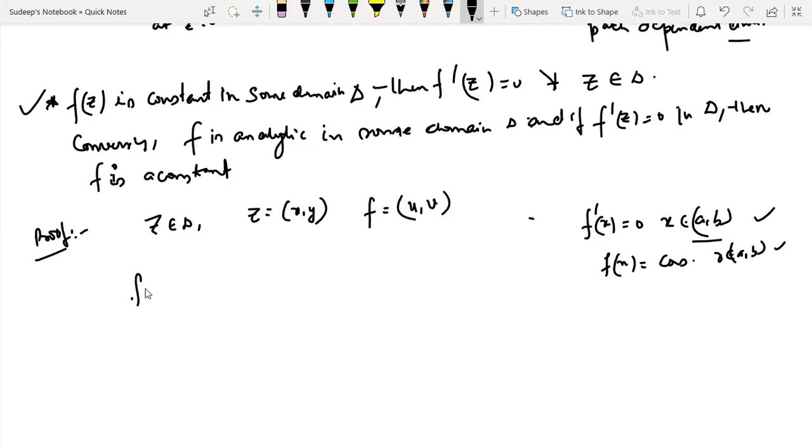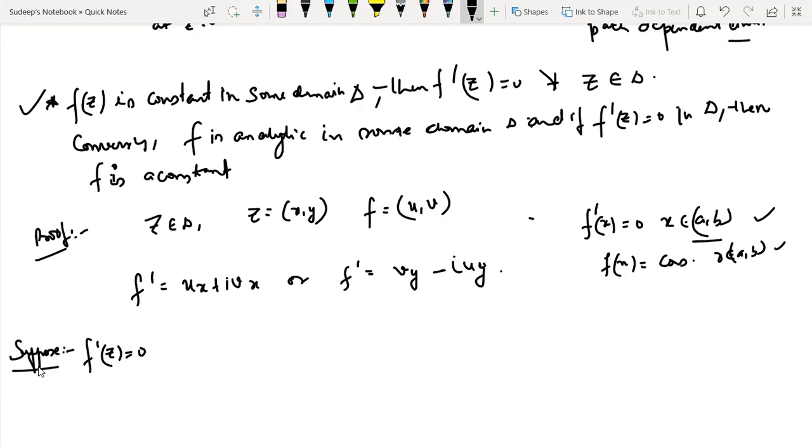I already know what f dash is. F dash can be written as ux plus iota vx, or if I want to write f dash in terms of partial derivatives of u and v with respect to y, then this is it. I hope these two things you already know. Now let us suppose that f dash z is equal to 0 in some domain D. F dash z equal to 0 means what?